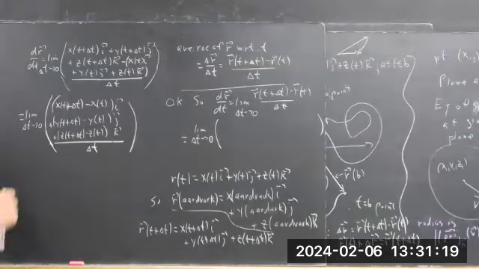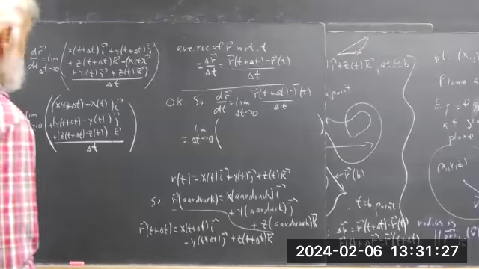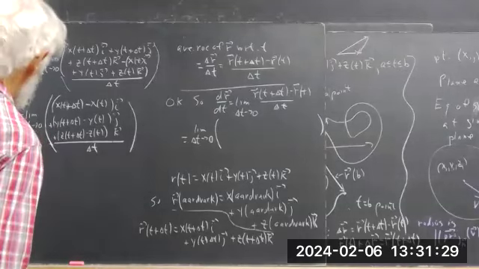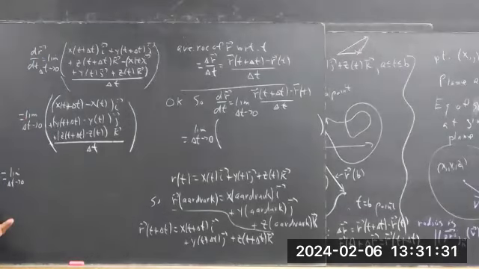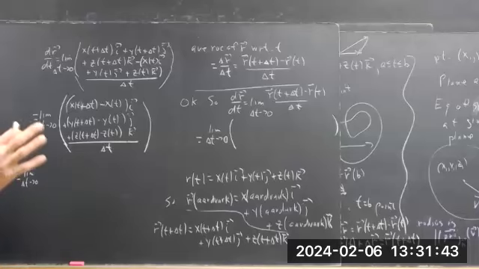Now, this is taking a lot of time, but I don't want to skip anything. The limit as delta t goes to zero. I'm kind of writing an unnecessary intermediate step, but I'm afraid it's necessary. Okay, I want you to see every step and then put it all together so you understand what's going on.